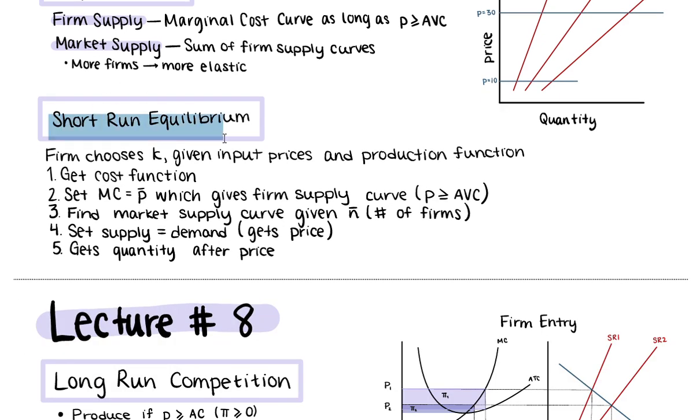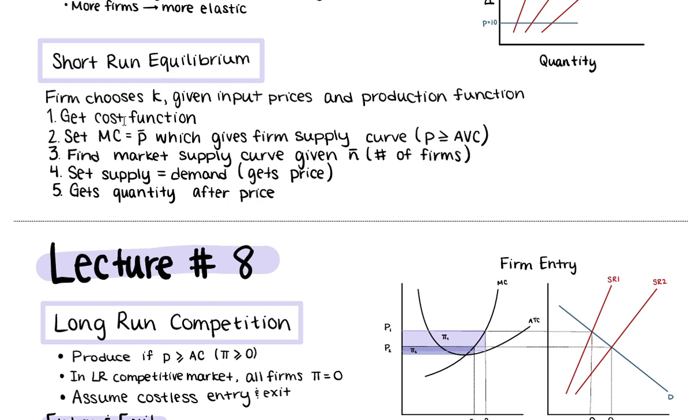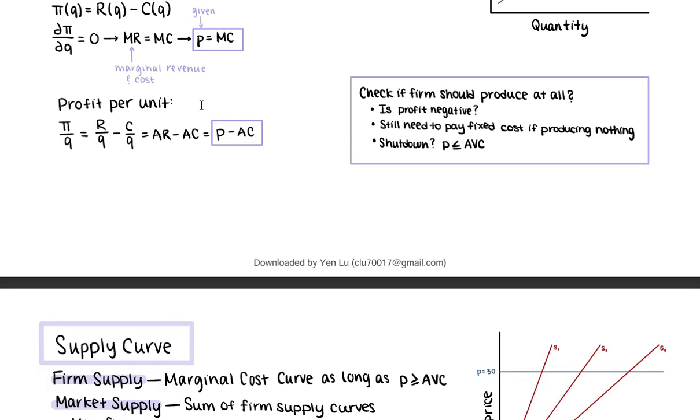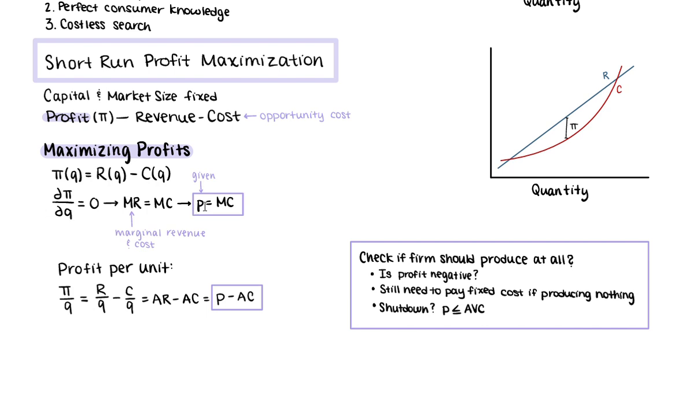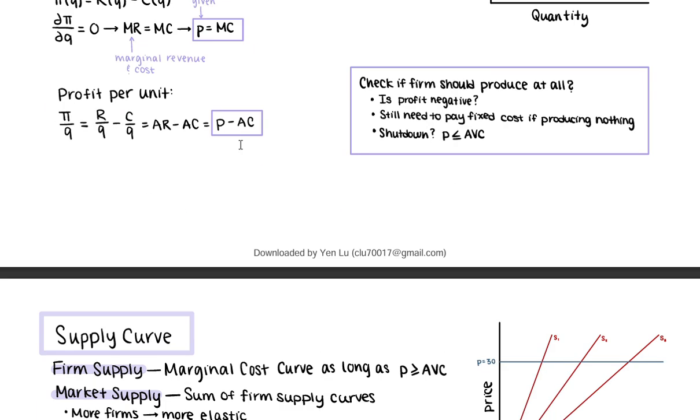Okay, so the short run equilibrium. What's the takeaway here? The firm chooses capital K, given input prices and the production function. Get a cost function and set marginal cost equal to the price. You need to get a cost function. It's very important because the following calculations all depend on cost, and we have marginal cost and average cost.